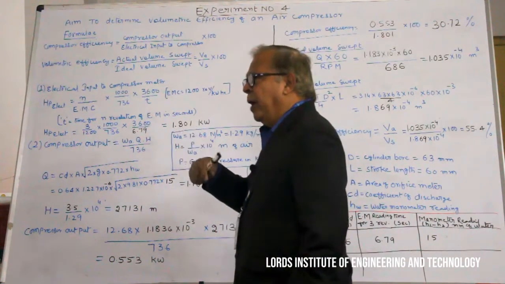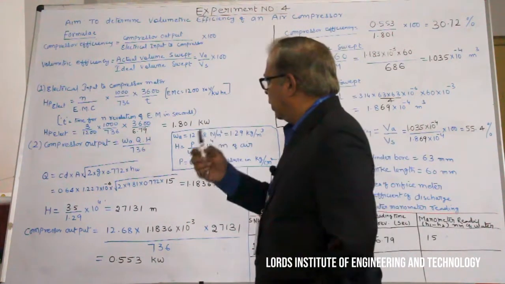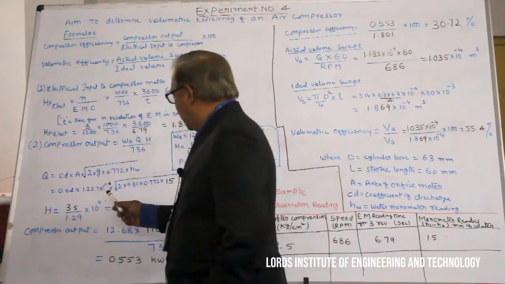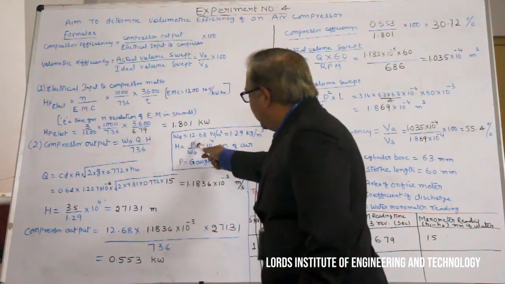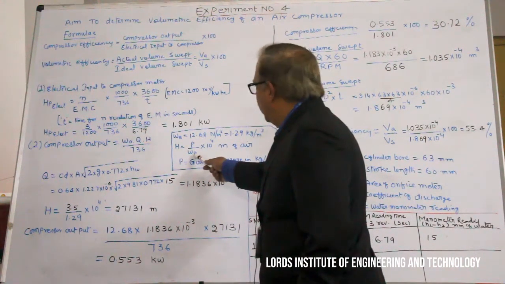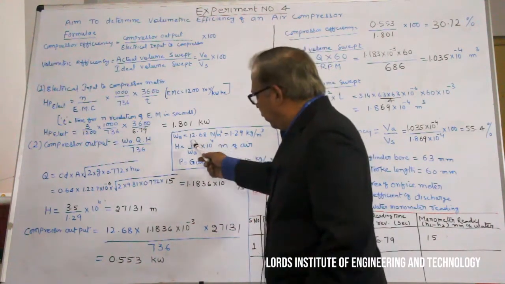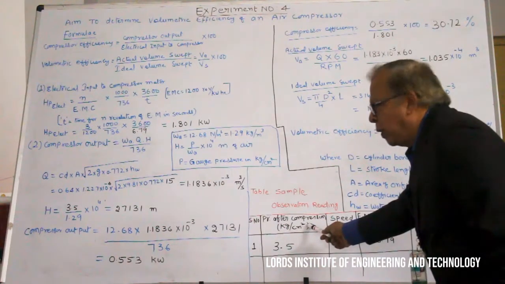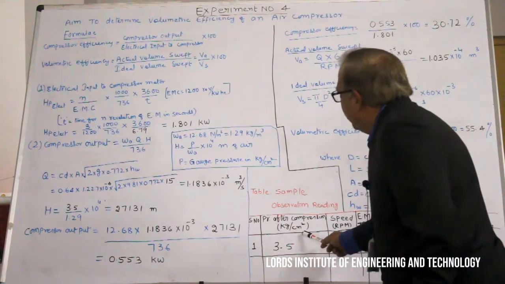Suppose we have a manometer there which we measure in water, but here we want the head of air. So head of air is given by this formula: pressure divided by density of air, and then into 10 to the power 4. Pressure we are calculating here in kgs per centimeter square, so we convert it into kgs per meter square.